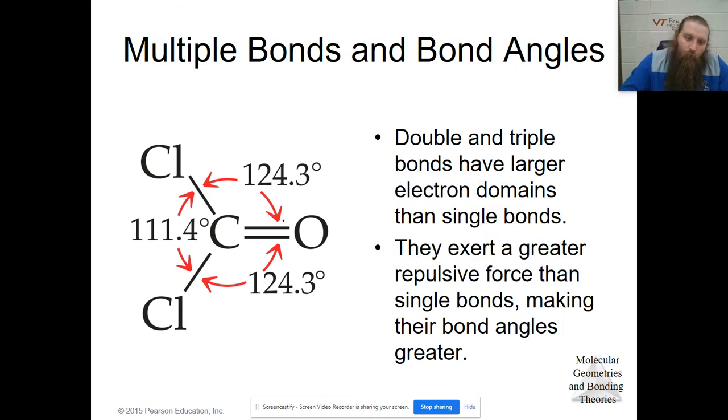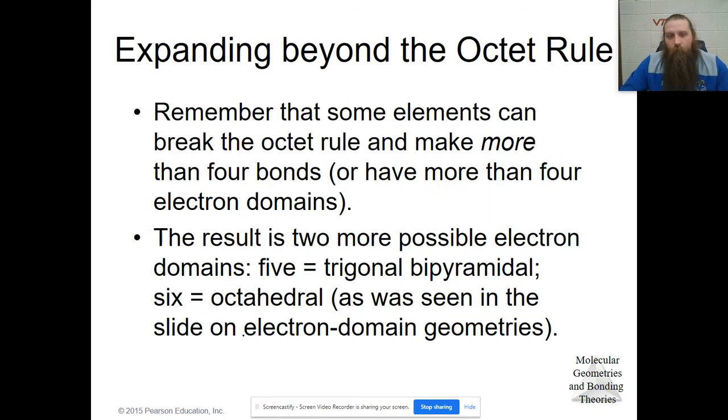Now think about this. This is the driving force making this number right here, the 124.3, larger than the 111. So you're getting more push in this direction, right? Strong force away from that double bond. Greater electron density, greater repulsion.